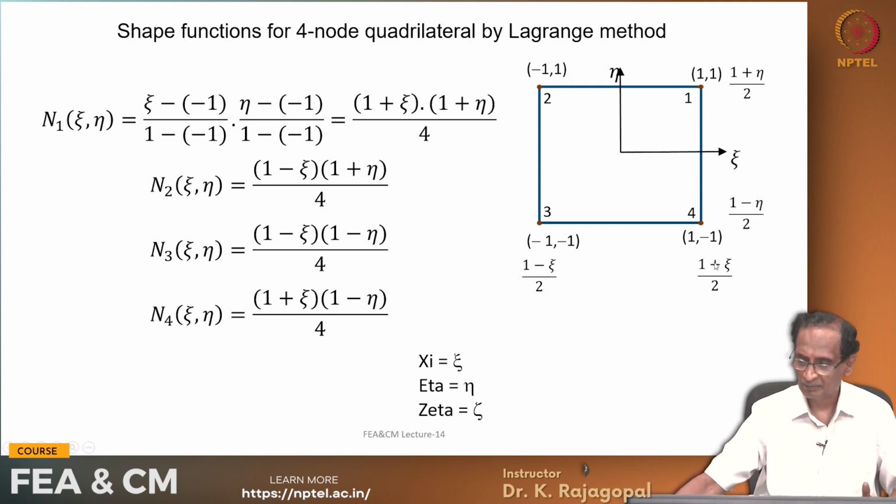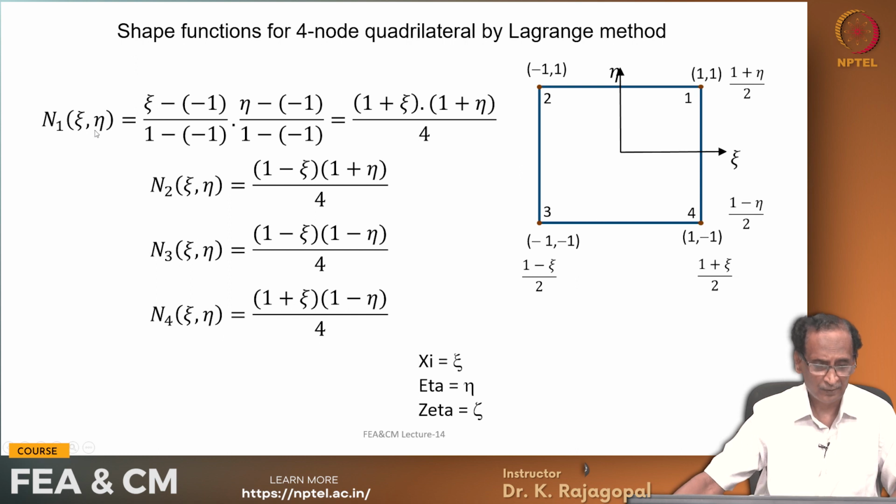At node 1, that is xi of plus 1, our shape function is 1 plus xi by 2. At node 2, at xi of minus 1, we have 1 minus xi by 2, and by extending the same procedure for eta direction, we have the shape functions 1 plus eta by 2 at eta of plus 1 and 1 minus eta by 2 at eta of minus 1.